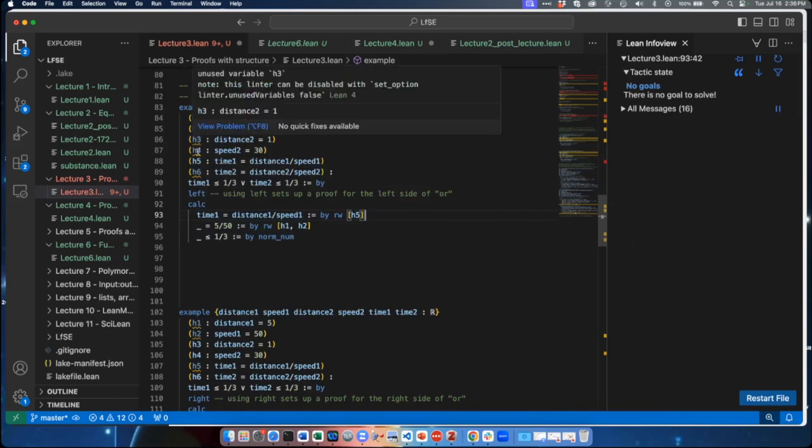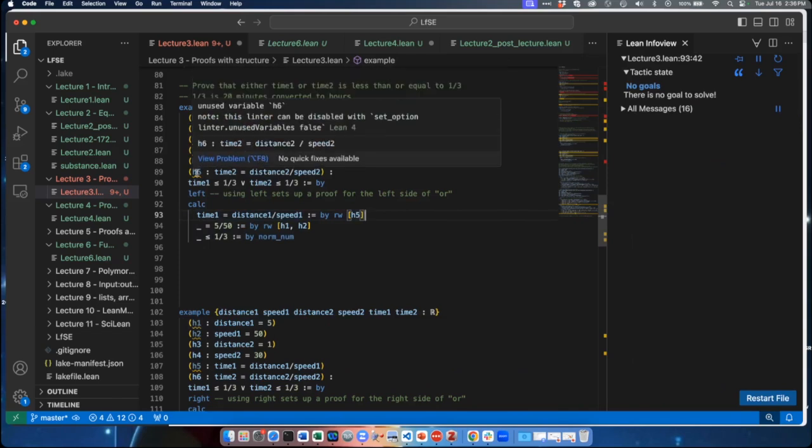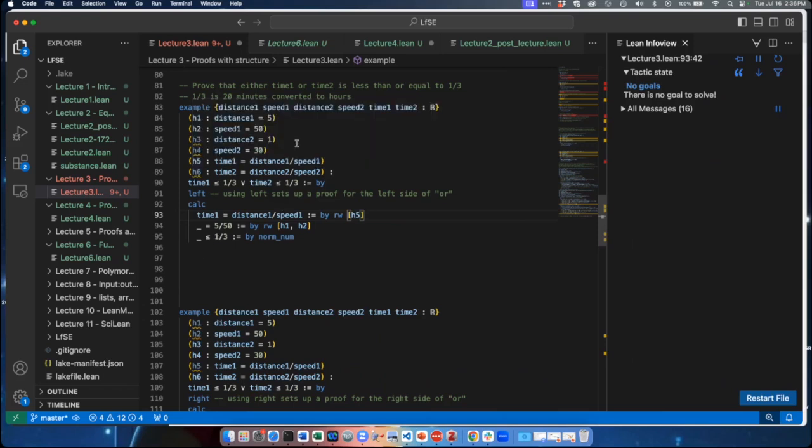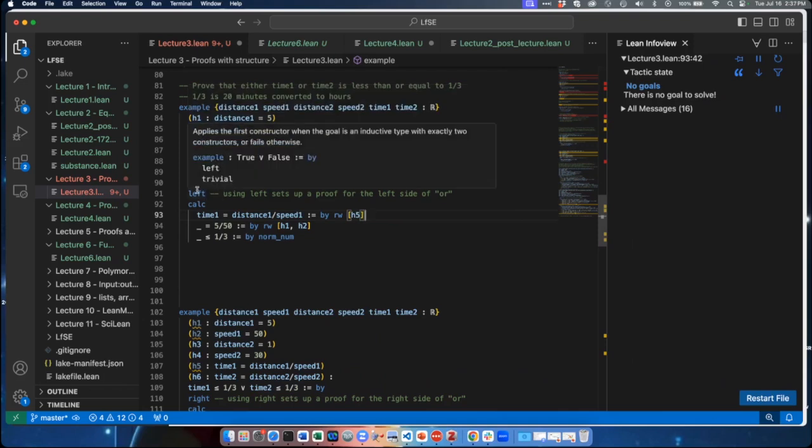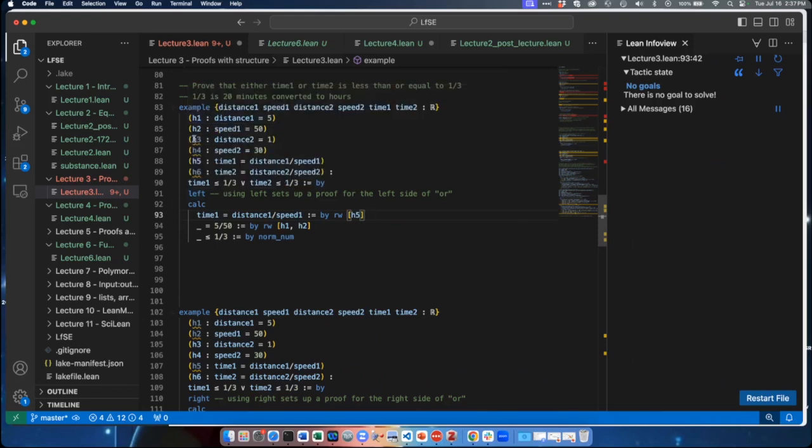H3, H4, and H6 are all underlined saying this is unused. I didn't actually need those hypotheses to make any conclusion about the proof, because all I need to know is that the left-hand side of this about time 1 is true. I don't need any of the rest. So I could actually delete this and the example would still be true.